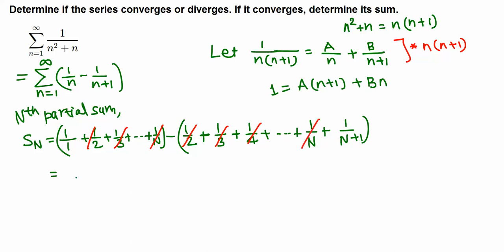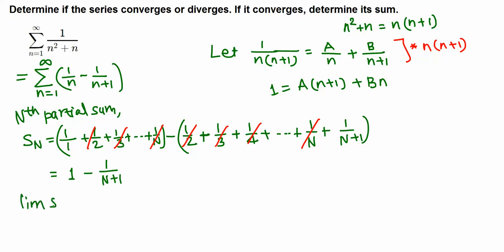Only the first term, 1 over 1, which is 1, and the very last term, minus 1 over N plus 1, survive. Okay, that was kind of obvious. Since the gap is 1, we are left with the very first and very last term.